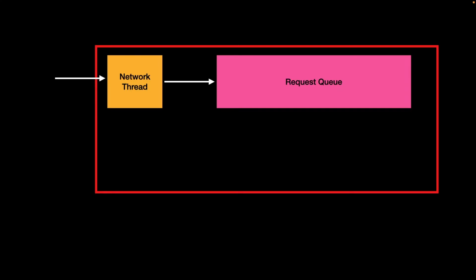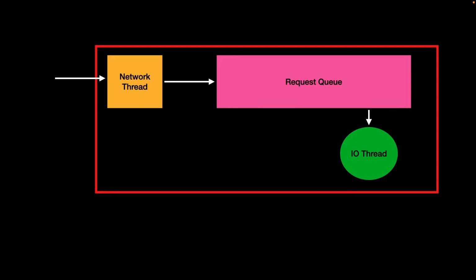Once the request is in the request queue, it will move for execution to the IO thread. The IO thread has the responsibility of reading and writing data from the disk. So if we are writing any message, that message has to be written on the disk or in memory. That flow is controlled by the IO thread.